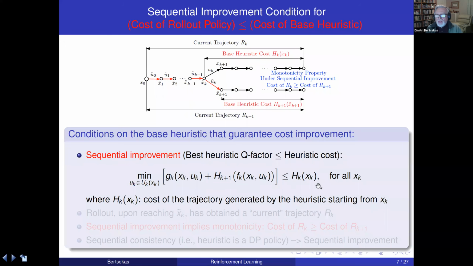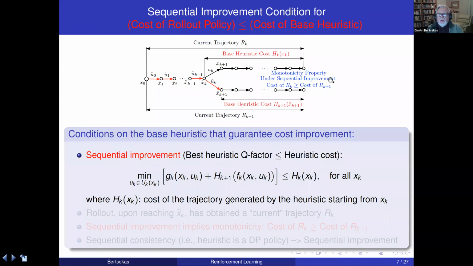In terms of equations, this condition holds. At state xk, this is the heuristic cost. And these are the Q factors corresponding to the various controls. And the best Q factor, the minimal Q factor over all controls, should be less than the heuristic cost from that same state. So how do we interpret this?